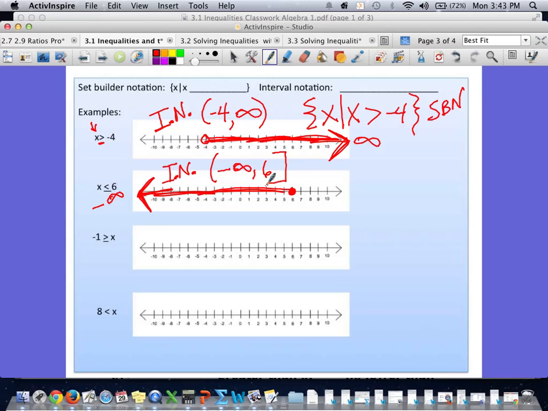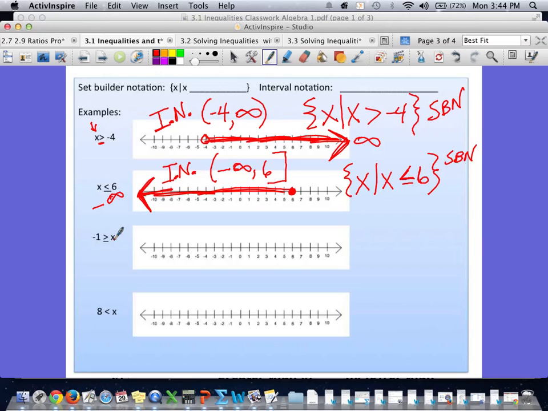To put it in set builder notation, it's going to be the brace x such that x is less than or equal to 6. Okay? That's the next problem.